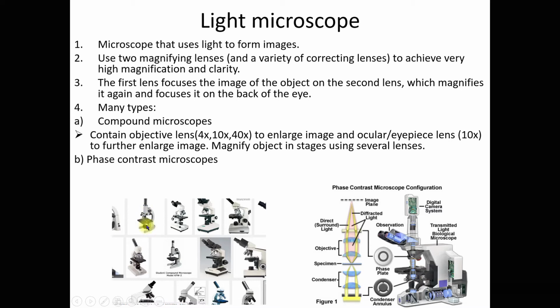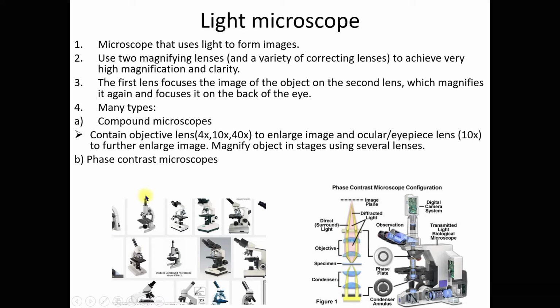This is the mirror, where we focus the light onto the object, the specimen. This is the stage where we place our specimen. This is the objective lenses that I mentioned earlier, and this is the eyepiece. Now class, in this eyepiece there is another lens, known as the ocular lens.